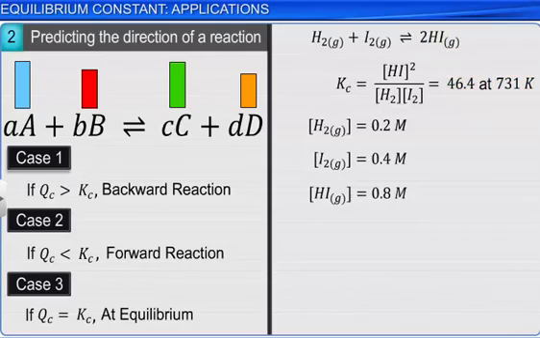This is equal to 0.8 squared divided by 0.2 into 0.4. The value of the reaction quotient comes out to be 8.0.